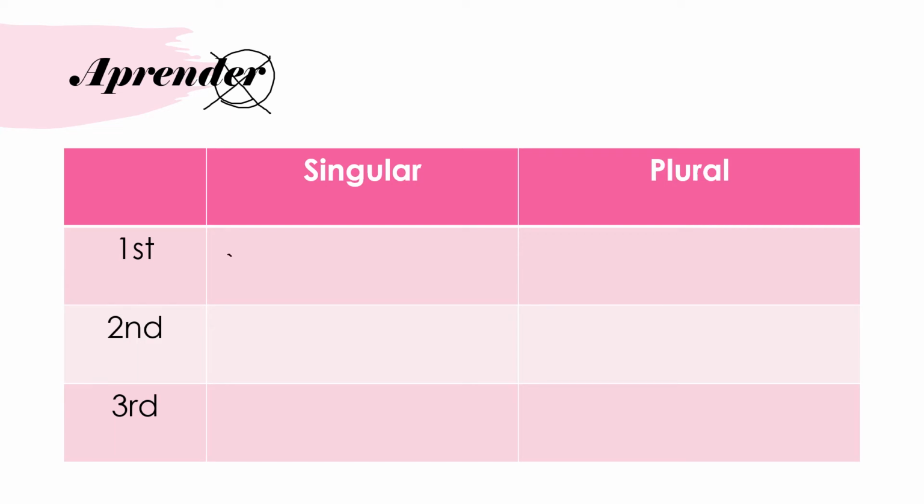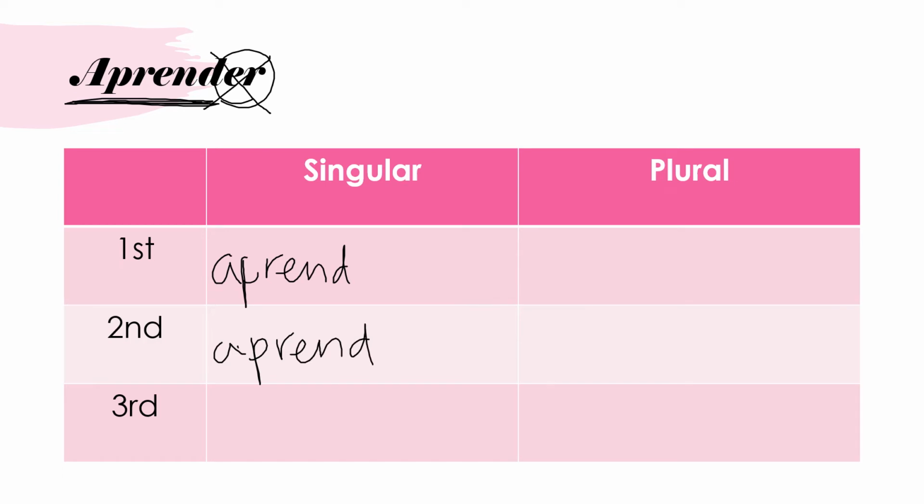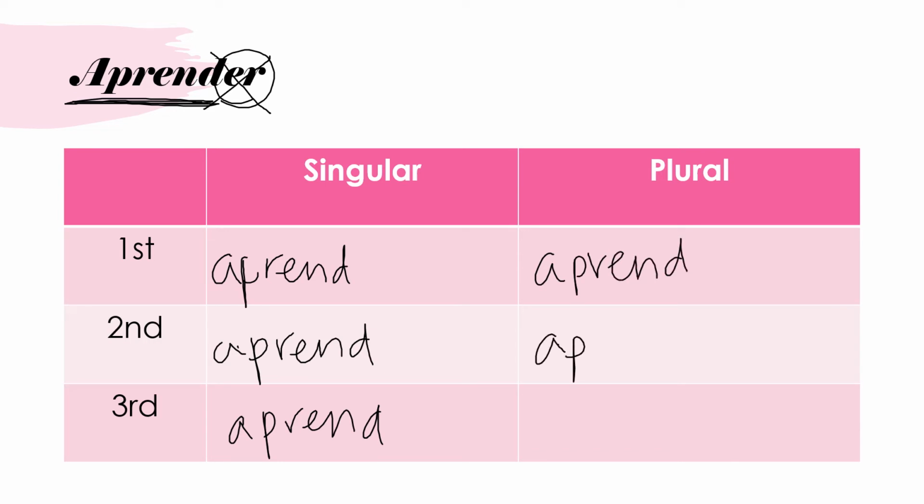Now I'm going to go ahead and add in just this first part, the part that comes before the ER, aprend, to every single box. Remember, you can follow along with me so you don't have to stare at the screen while I'm writing. All right, so I've added my stem to every single box.